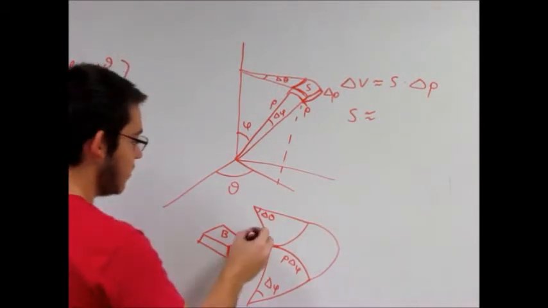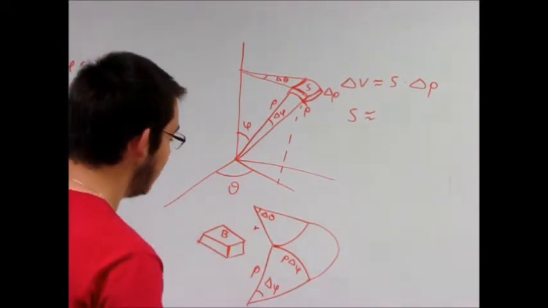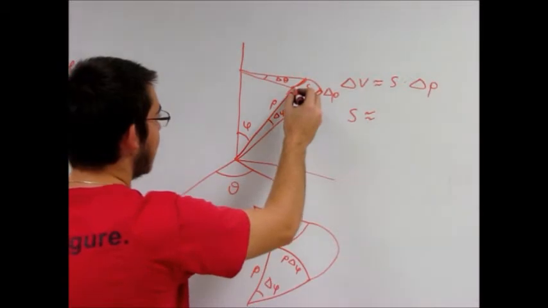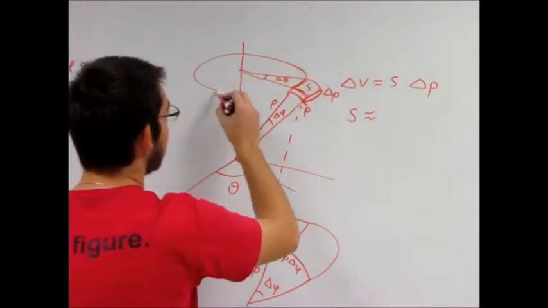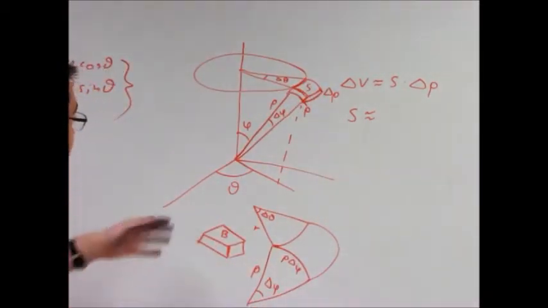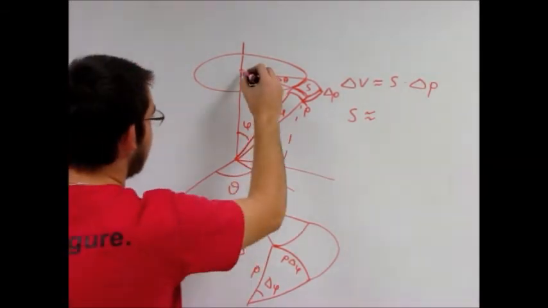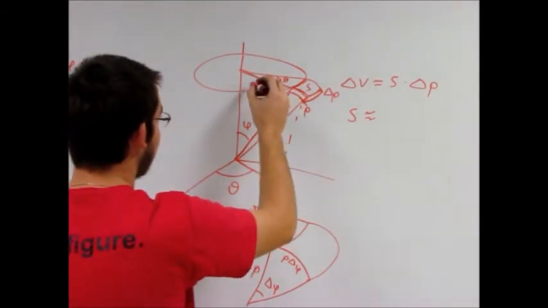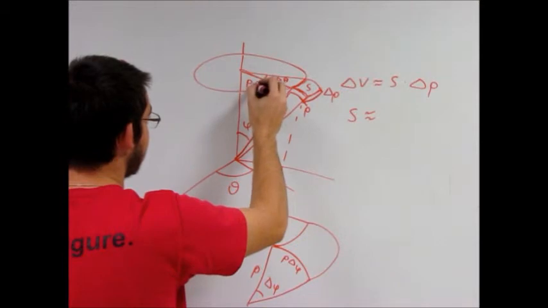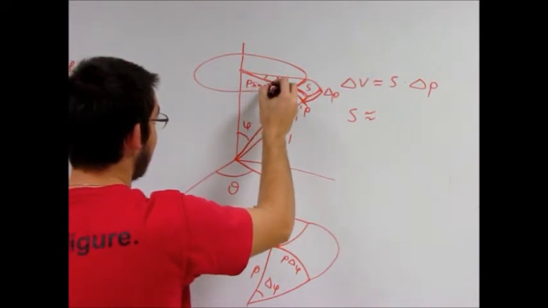But what is the radius? At this height up here, this forms part of a circle, but the radius is not rho. It's in fact this length right here, which is r, which we know is rho sine phi.